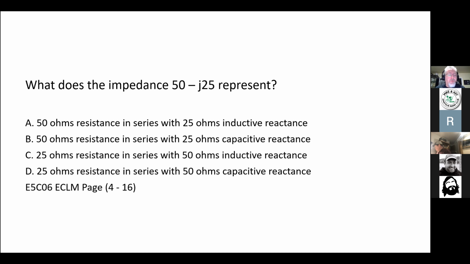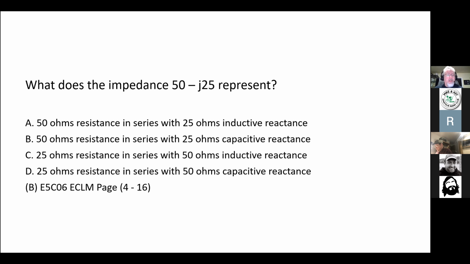Or D, 25 ohms resistance in series with 50 ohms capacitive reactance. Bravo is the correct answer, 50 ohms resistance in series with 25 ohms capacitive. If it was plus 25, it would be A, 25 ohms inductive. But in this one, it is B.